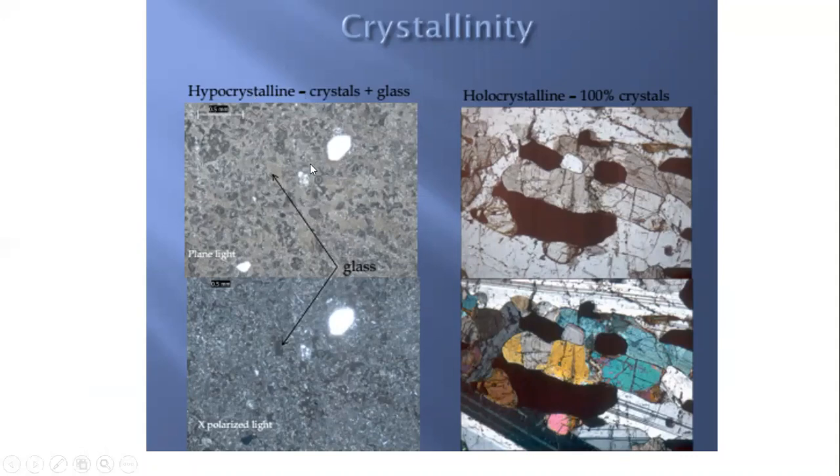Crystals can be identified and distinguished, while the glass is unidentifiable because it does not have any definite shape, and the atoms or particles are arranged randomly within the glass. In the right picture, the holocrystalline rock is composed entirely of crystals. The whole rock is composed of crystals.